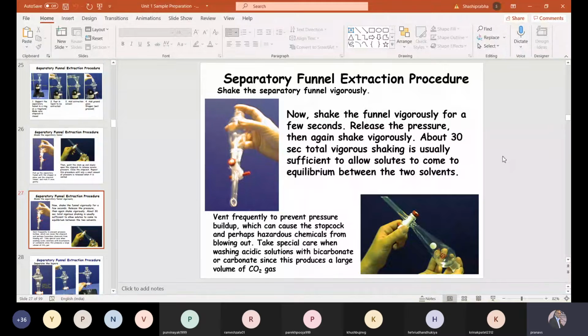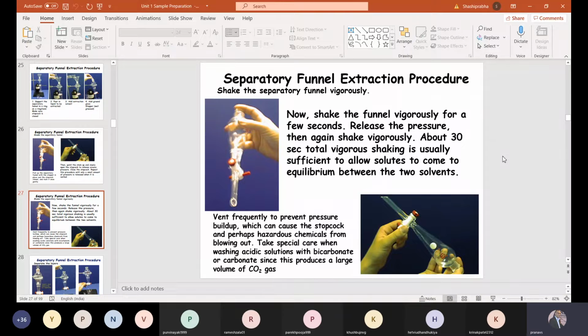This is what is actually explained here. This extraction process can take about 2 minutes, 5 minutes, 10 minutes, depending upon the quantity present, depending upon the solubility, depending upon the suitable solvent system which we have selected as an extraction solvent, any specific organic solvent which we have selected. So we generally use this.